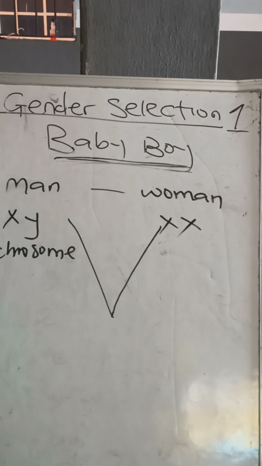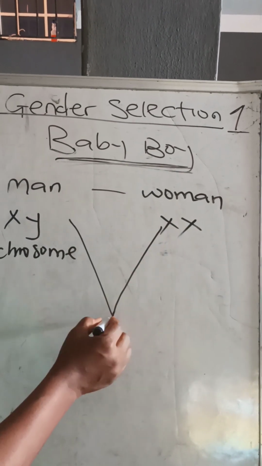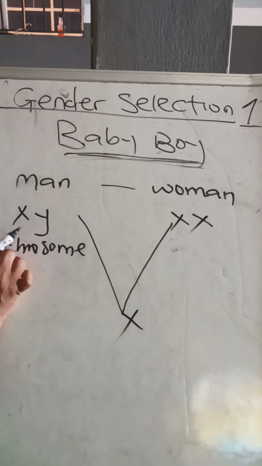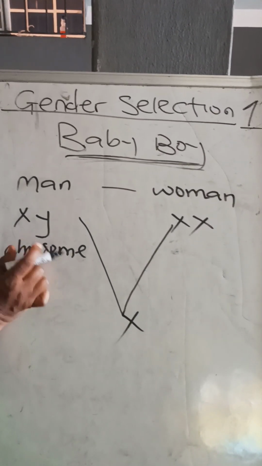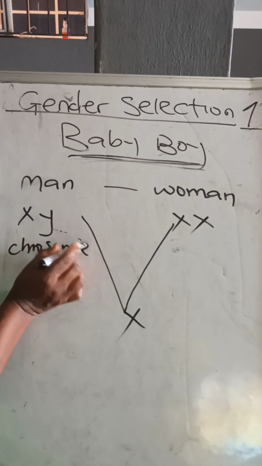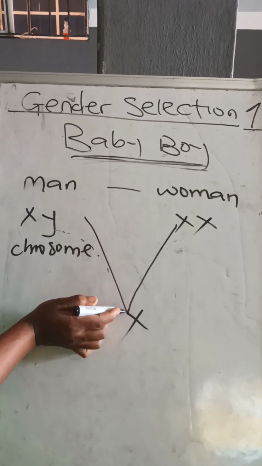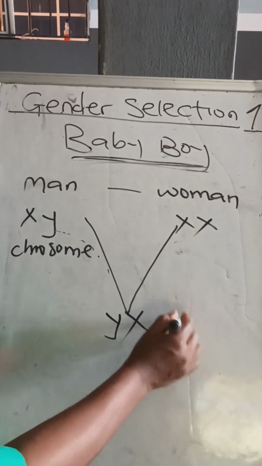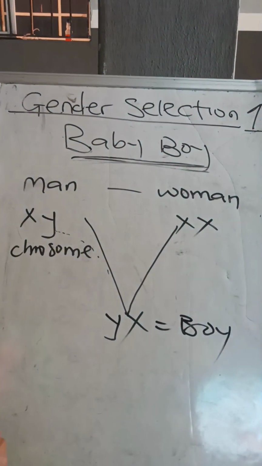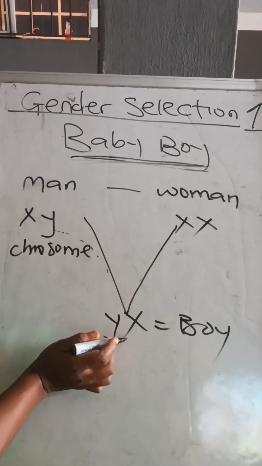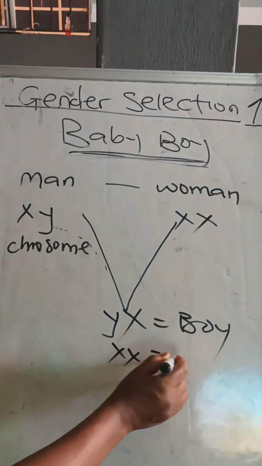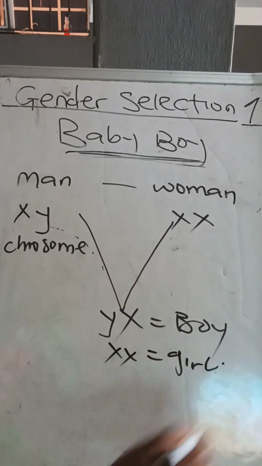The woman only has XX, which means she will only bring out her X, and then she waits for whatever comes with the sperm cell. If it is the Y chromosome that reaches the egg, that gives us XY, which is a baby boy. But if it is the X that comes to the X of the woman, it is XX, which is a baby girl.